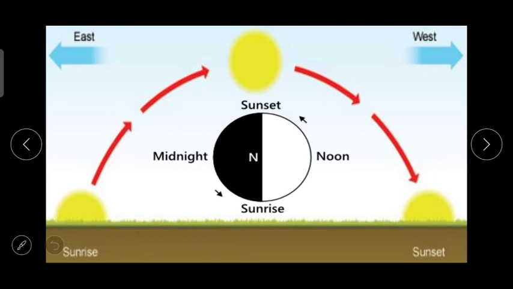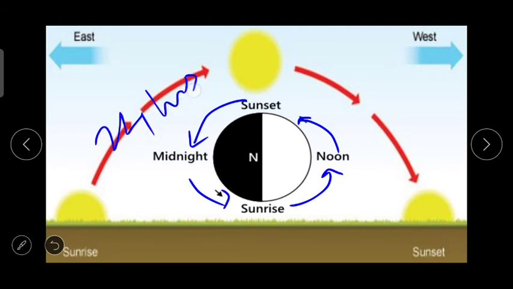realized, or by the studies it was proved that the earth takes 24 hours, that is one day to complete one rotation. Here you can see sunrise to noon, noon to sunset, and sunset to midnight, and midnight to sunrise. So for this, earth takes 24 hours.